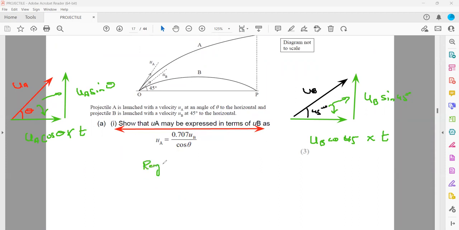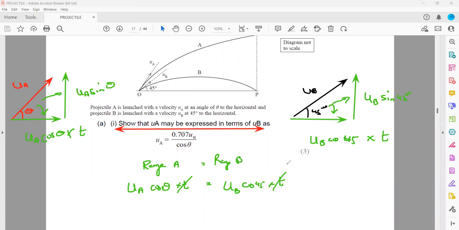So I can say range of A equals range of B. Range of A is UA cosine theta into T, and range of B is UB cosine 45 into T. They cover it in the same time interval, so T will cancel with T. T is the same for them.